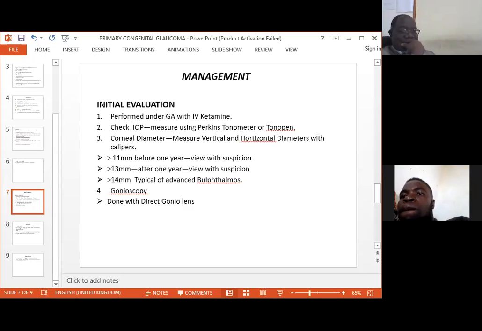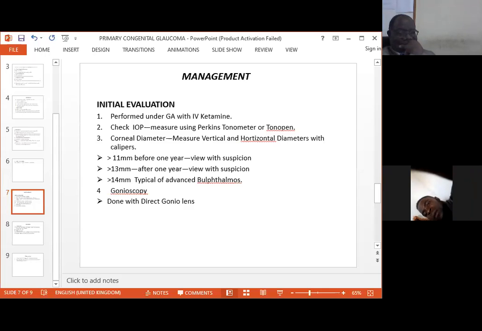Any other question? When do we do this examination? When you are evaluating for glaucoma? No, it's not when we're evaluating for glaucoma. When a child is born, they're not looking for glaucoma.